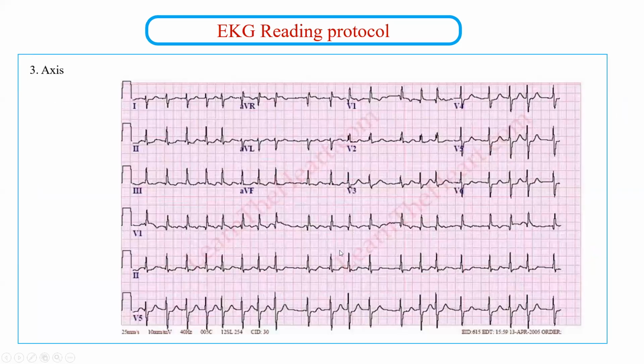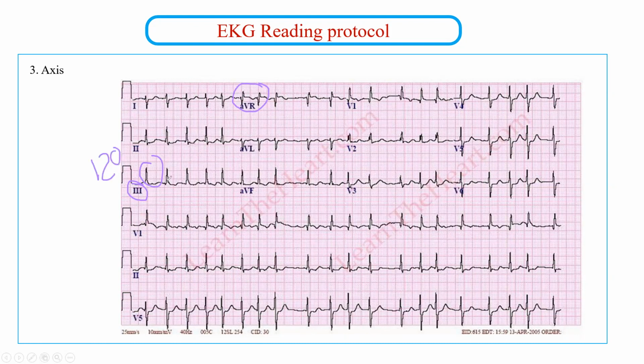Let's take an example here. If we have this EKG, what is the most isoelectric lead? If we look at them, I think aVR is the most isoelectric one. What is perpendicular to aVR is lead 3. Lead 3 is positive, so we take the angle at the tip of lead 3, which is 120.